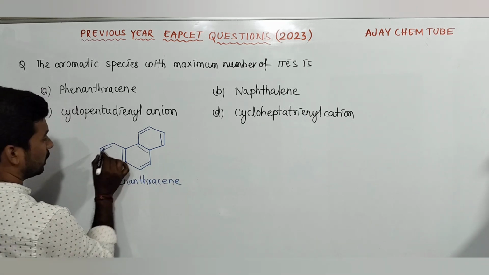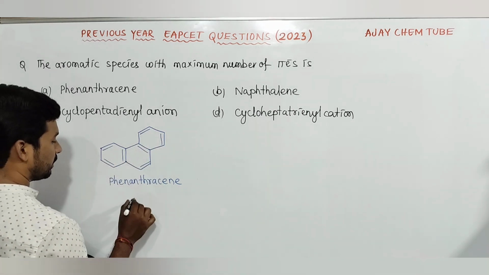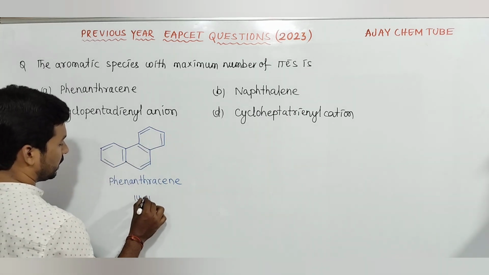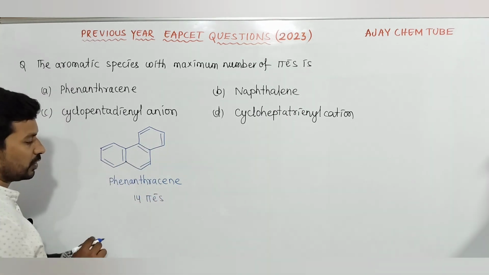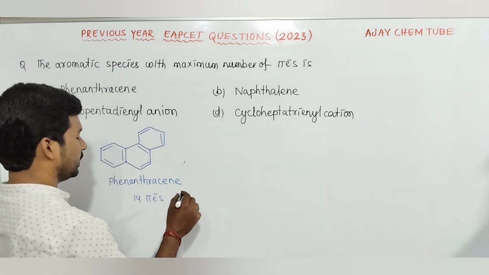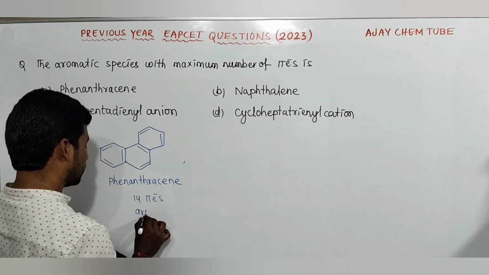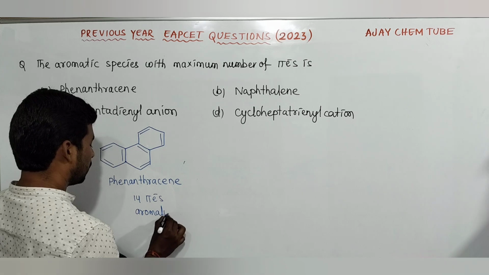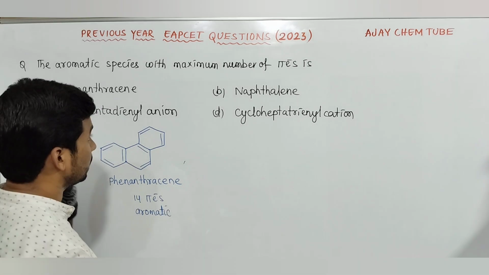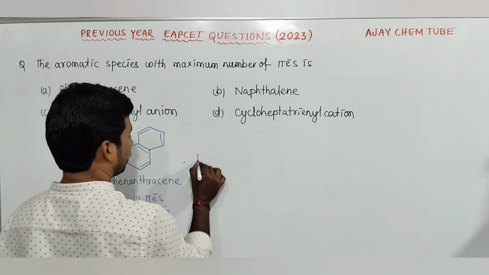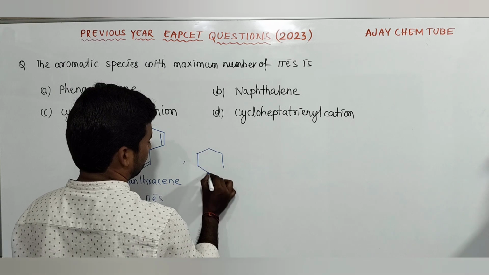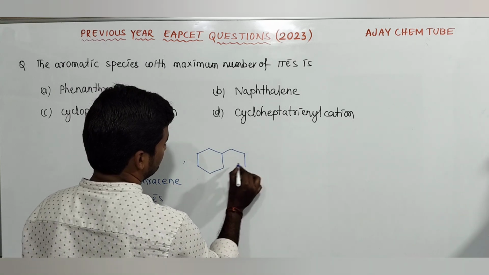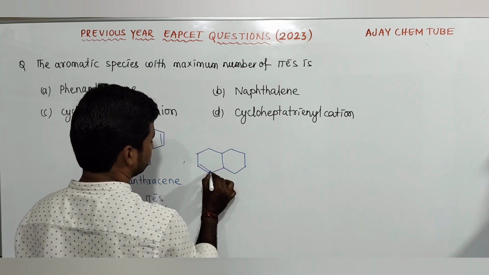Phenanthracene has how many pi electrons? 1, 2, 3, 4, 5, 6, 7. 7 twos are 14 pi electrons. Aromatic or not? Yes, this is aromatic. 14 is a 4n+2 number. All sp2 carbon delocalization. Next one, naphthalene. Naphthalene has 2 benzene fused rings.